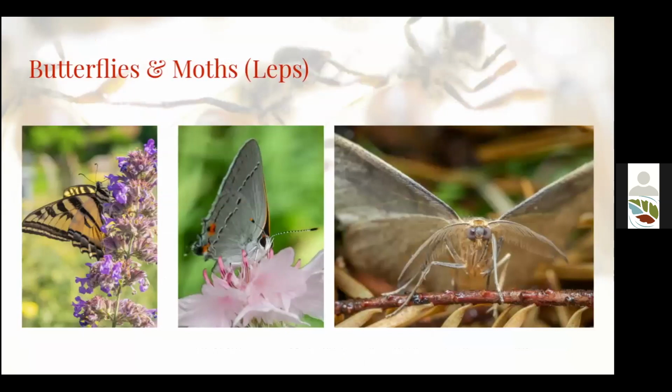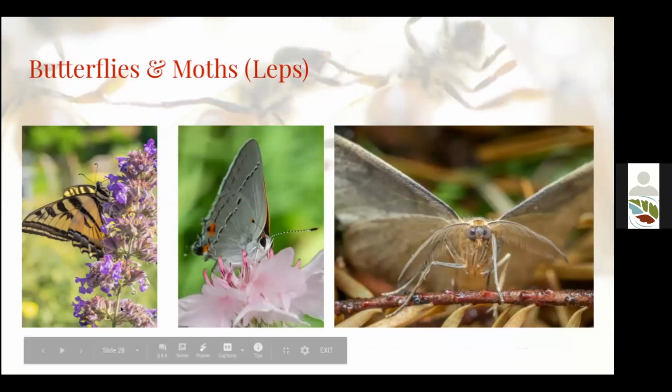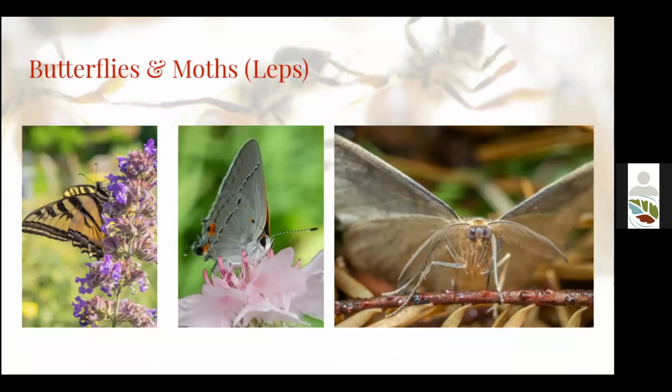Okay, so butterflies are also pollinators, and they're very charismatic and people often really love them. We have the western swallowtail here, but you can usually tell the difference between a butterfly and a moth by their antennae.